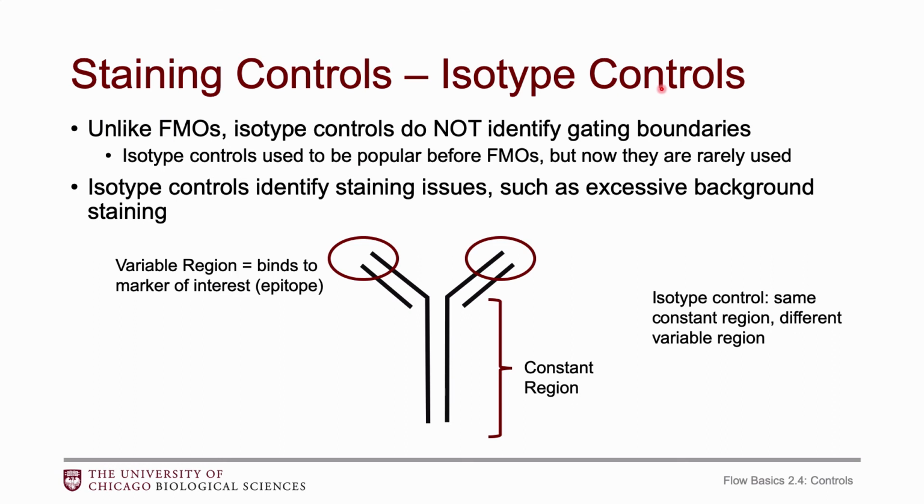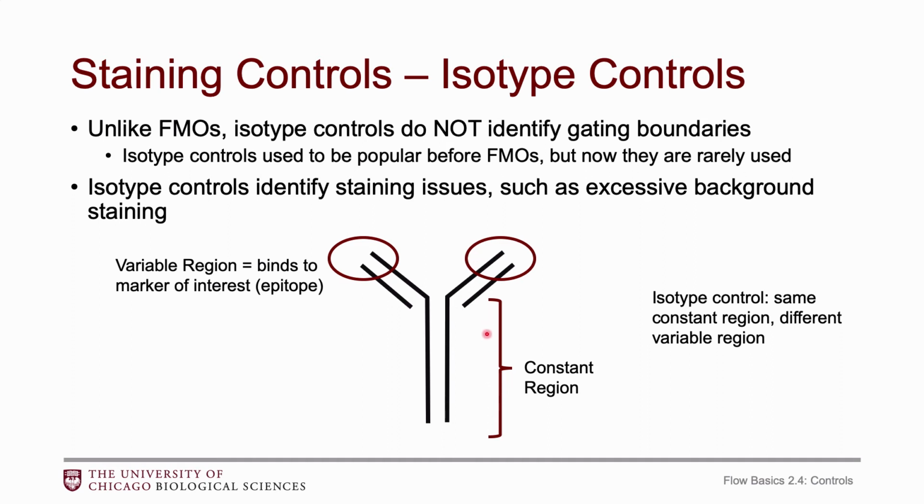However, once FMOs were discovered, it was determined that FMOs do a much better job at gating samples, whereas isotype controls do not do as good of a job and are better used for identifying non-specific staining. So you might find some people still pushing the isotype controls, but that is an old way of thinking for gating. Isotype controls should really only be used for assessing non-specific staining, not gating.